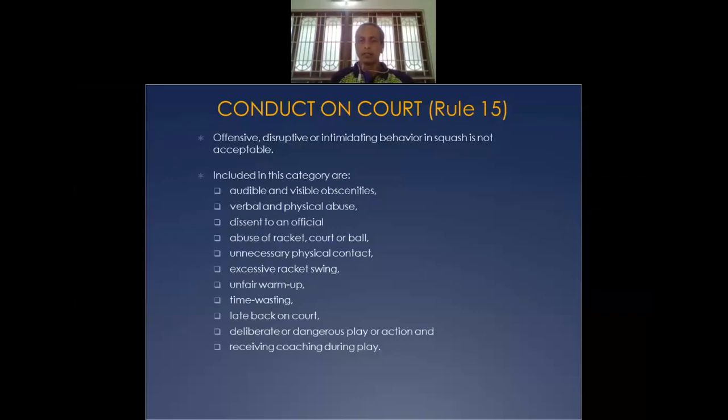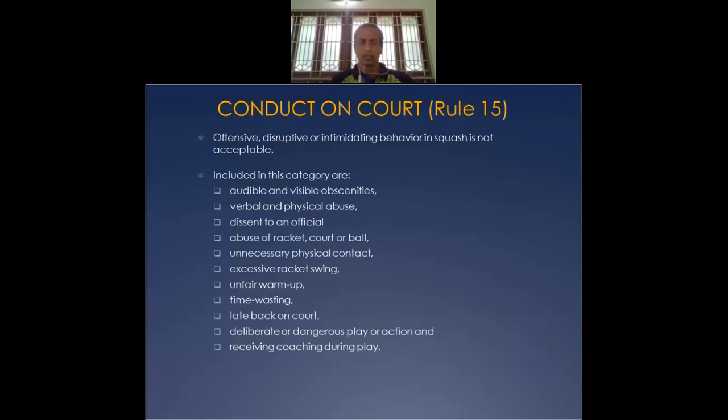Receiving coaching during play happens mostly in juniors, sometimes in seniors too. It has happened to me in a PSA event where I gave a conduct warning for coaching, but it is a very rare occurrence there. Juniors, yes. The juniors are more tuned to looking at their coaches, which is very wrong as per the current rules.